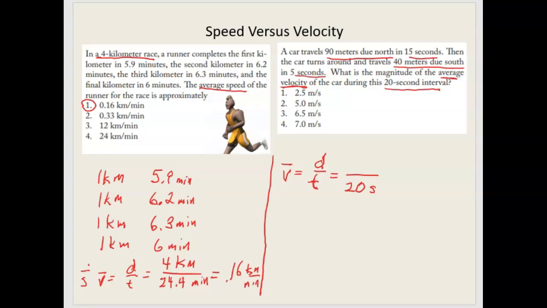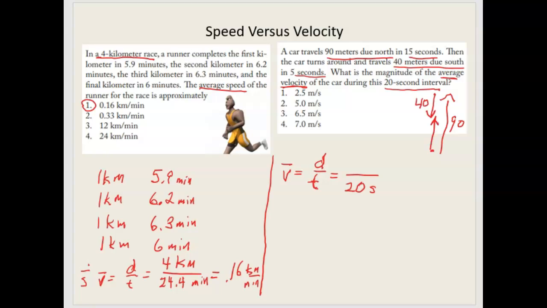All right, but what is our displacement? So we went 90 meters due north. Okay, and then we turned around and traveled 40 meters due south. So if we started here and we went 90 meters up and 40 meters back down, what is our displacement?